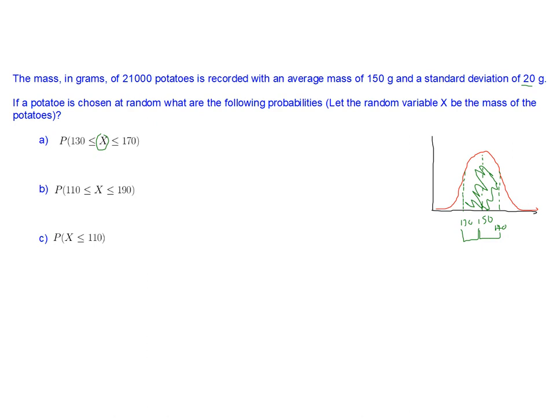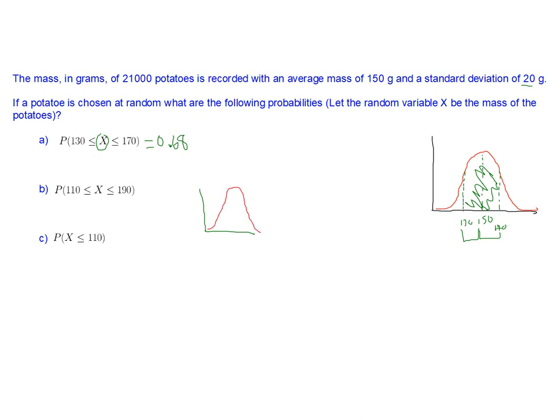So we know that 68% of the data has to lie within that one standard deviation. So 68% of the data has to be between 130 and 170 grams. We do the same thing here for part B. It's asking about 110 and 190. I'll just see if I can do another graph here without getting too crowded. So it's a normal distribution.